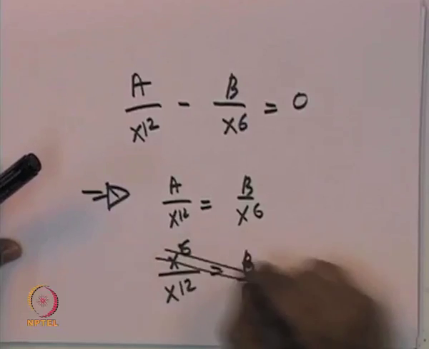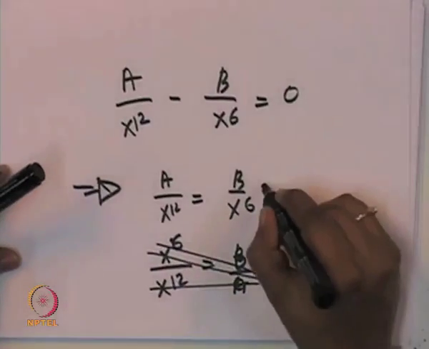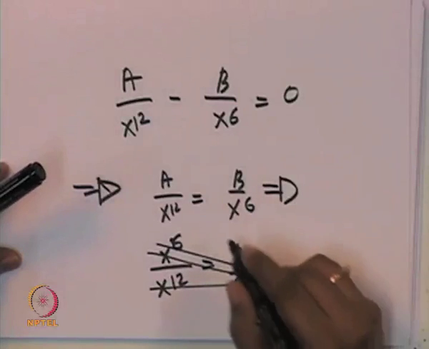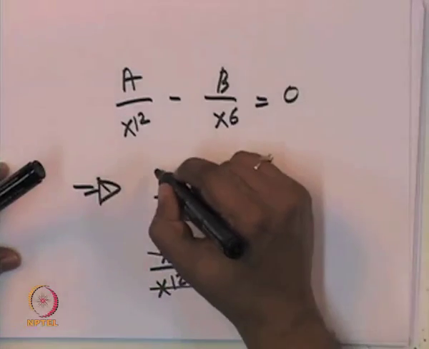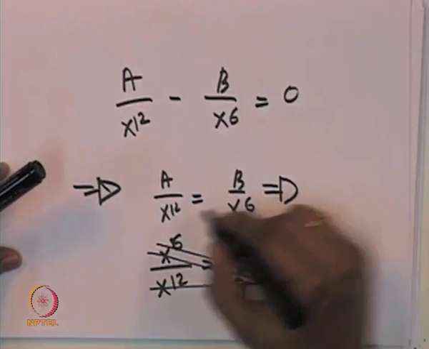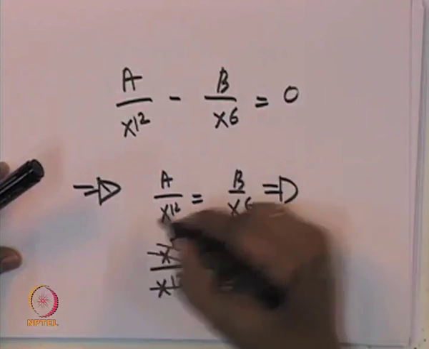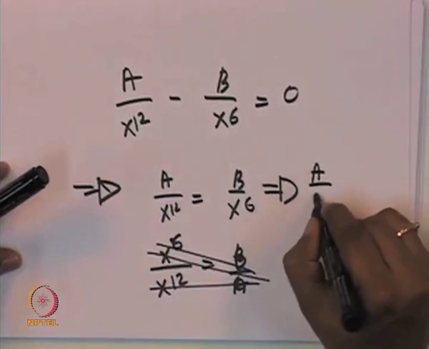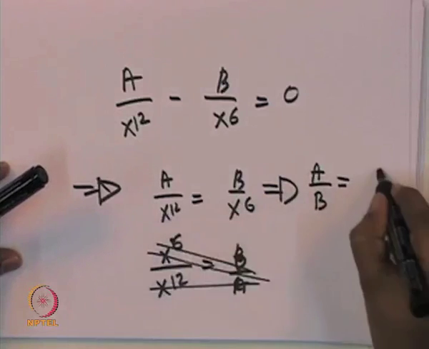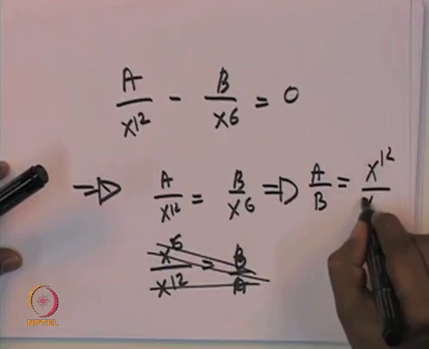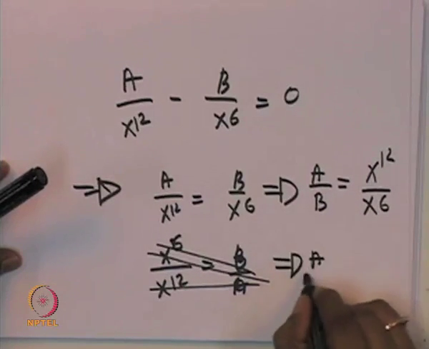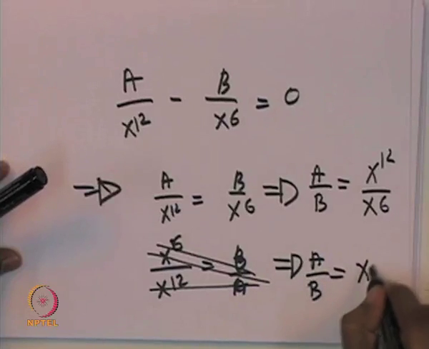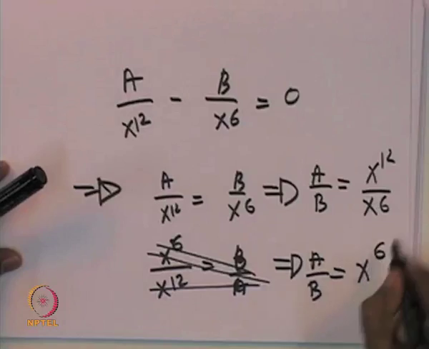Let us do it slowly. I can take x power 12 to this side and b to this side. So I can say a by b is equal to x power 12 by x power 6. This implies that a by b is x power 6.